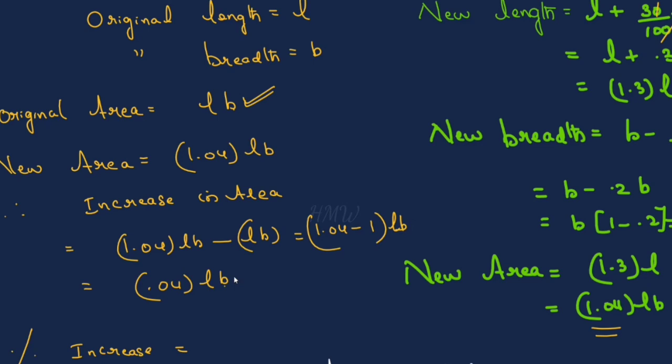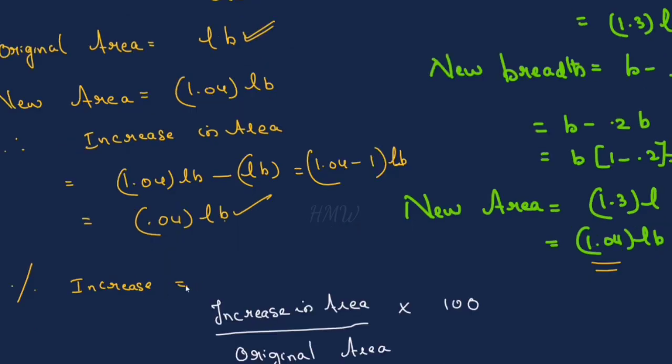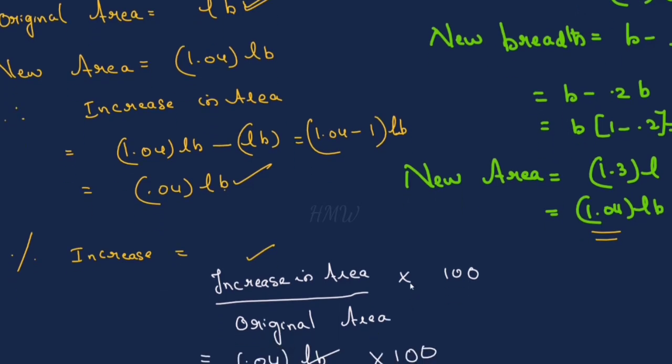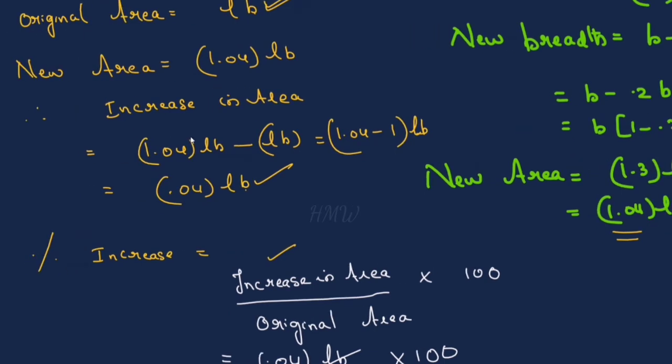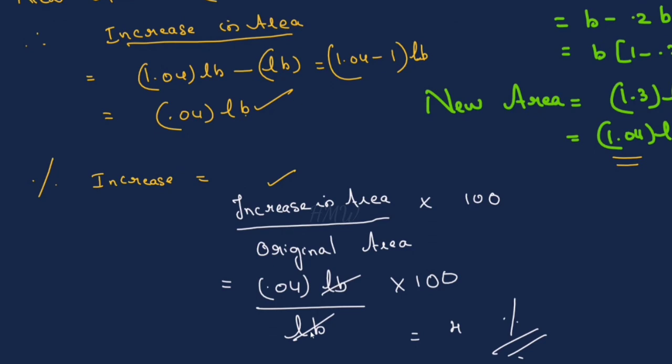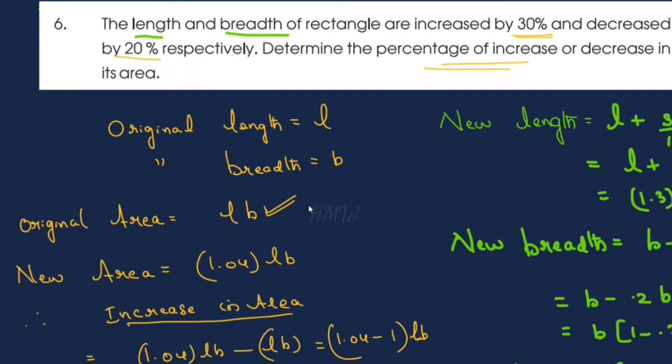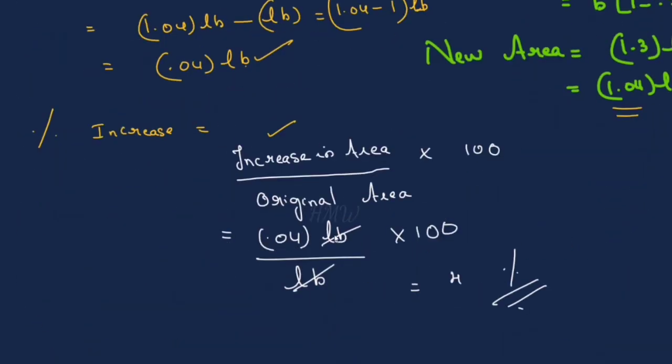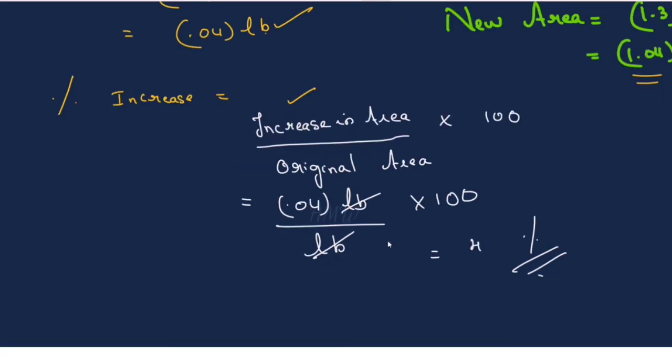That is 0.04. So what is the percentage increase? The percentage increase is the increase in area divided by the original area into 100. The increase in area is 0.04 LB, and the original area is L into B. So 0.04 LB by LB into 100.